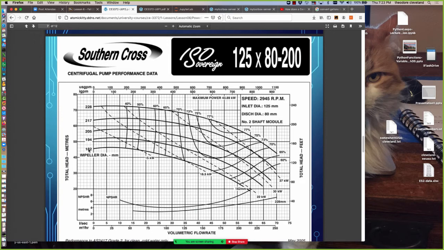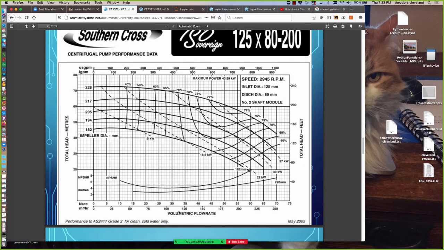So let's look at this lower line. That corresponds to a 182 millimeter impeller housed in the 125 by 80-200 housing. The solid line here is the pump performance curve, and it's a plot of head on the left versus volumetric flow rate on the horizontal axis.